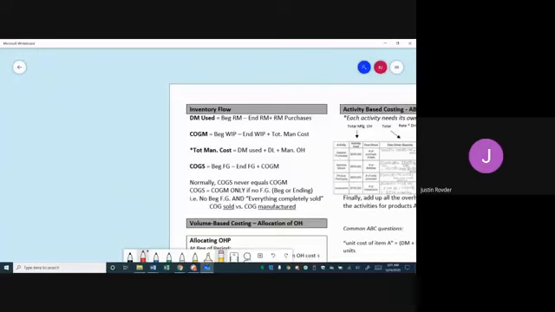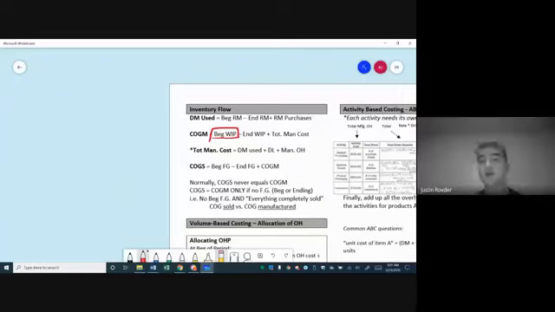Now, oftentimes, say you were asked to find the beginning work in progress of a period, you would have to plug in the cost of goods manufactured, end work in progress, and total manufacturing cost, and rework the equation in order to find the beginning work in progress. They may very likely not give you the total manufacturing cost, so you may first have to find the direct materials used, DL, and manufacturing overhead.